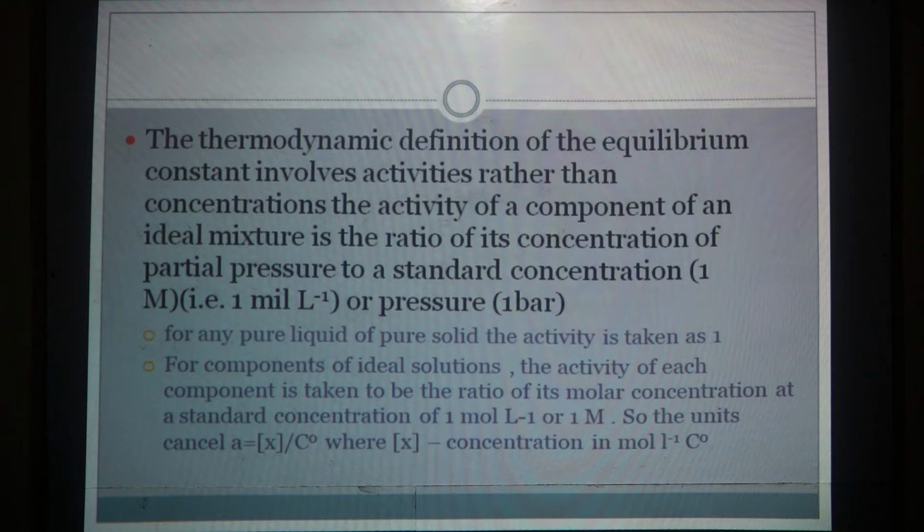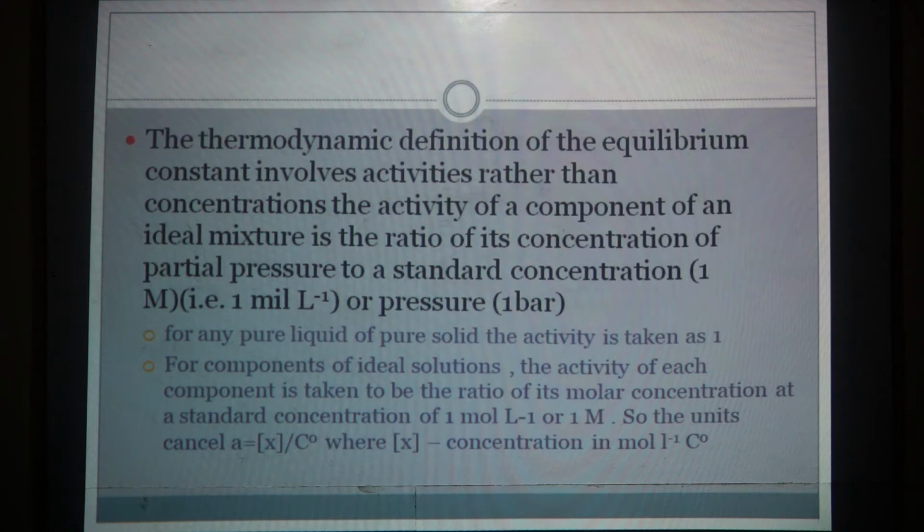For components of ideal solutions, the activity of each component is taken to be the ratio of molar concentration to a standard concentration of 1 mole per liter. So the units cancel and a is equal to [X] divided by C0, where X is the concentration in moles per liter.